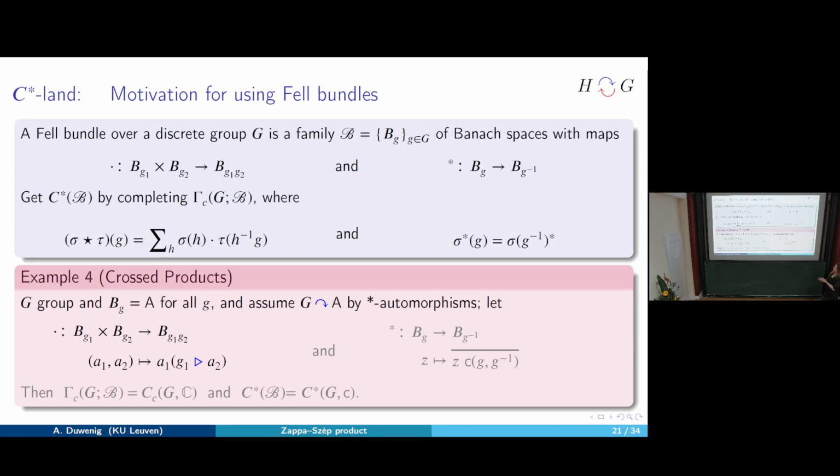So if I multiply A1 and A2, it's not just the C-star algebra multiplication, but instead A1 pays the price of what fiber it's in, or A2, I guess. So here, this one picks up what fiber A1 is in. And likewise, my involution pays a price. And if you do this, not surprisingly, the C-star algebra of this Fell bundle is actually the crossed product.